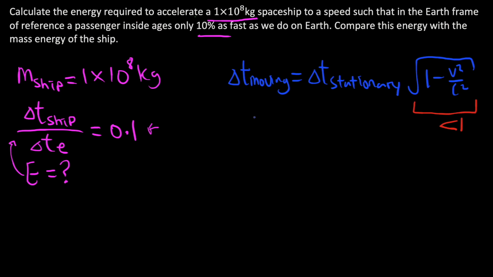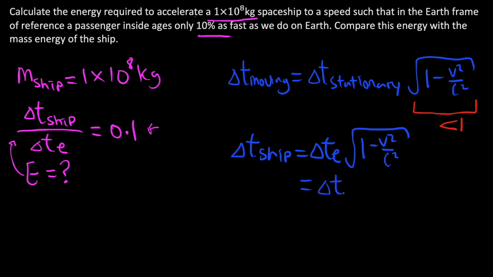In this problem, the moving frame of reference, the frame that has a smaller reading value of time, is the ship frame of reference. So delta T ship is equal to delta T Earth multiplied by the square root of 1 minus v squared over c squared.